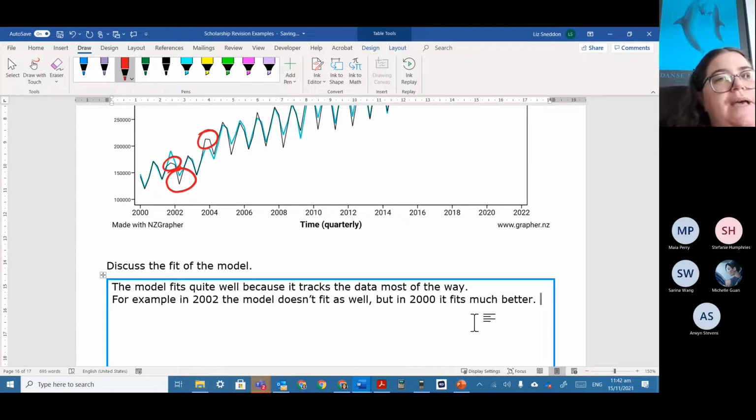Okay, so just identifying a couple of particular points so I can see the example of here's a good fit, here's not a good fit. Or if you're drawing on your diagram like that, you can just circle it and just put little notes, fits well or doesn't fit well. You can just put notations on the diagrams as well. That would be quite cool.